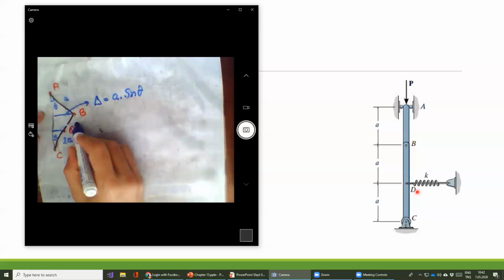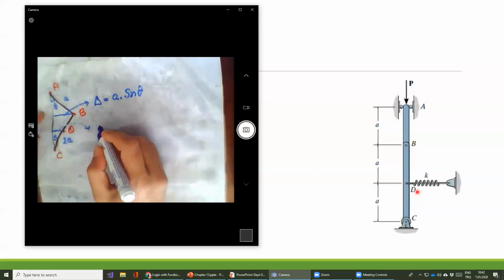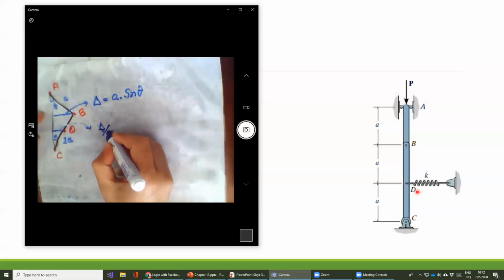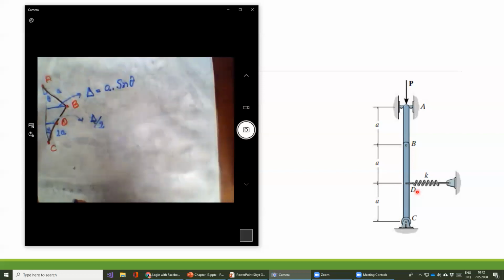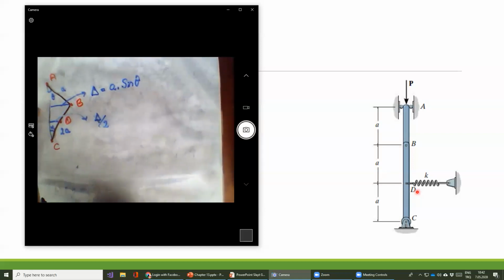Therefore, this is equal to delta divided by 2. So I write the geometrical shape like this. Okay, and I think I can write all the geometrical shapes.